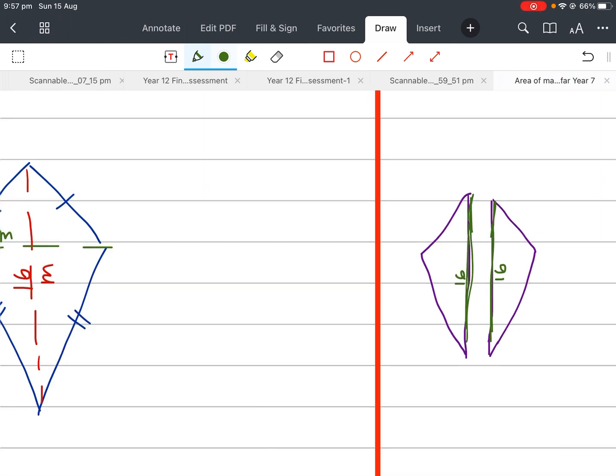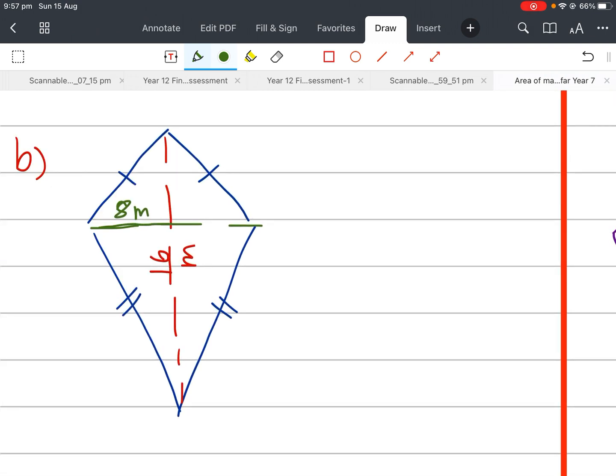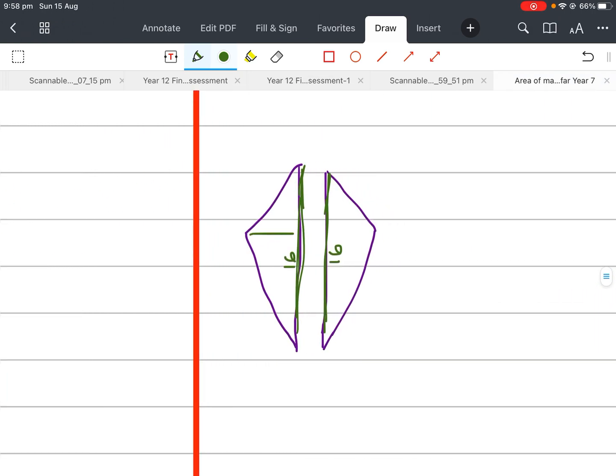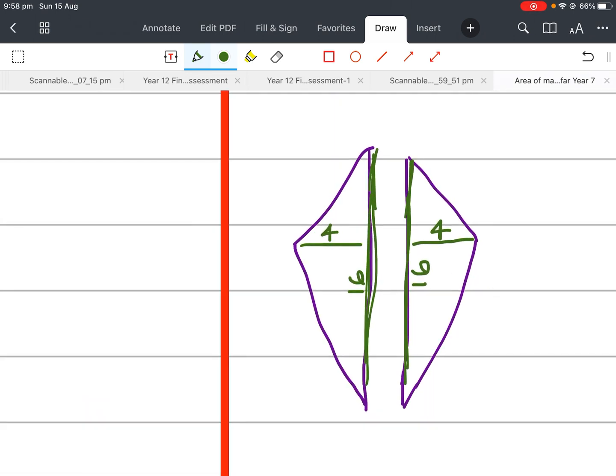Okay, and this time the height is half of the 8. Now that 8 goes all the way across, but if I cut my triangles in half, what's half of 8? Hopefully you said 4. So this height here is 4 and this height here is 4.